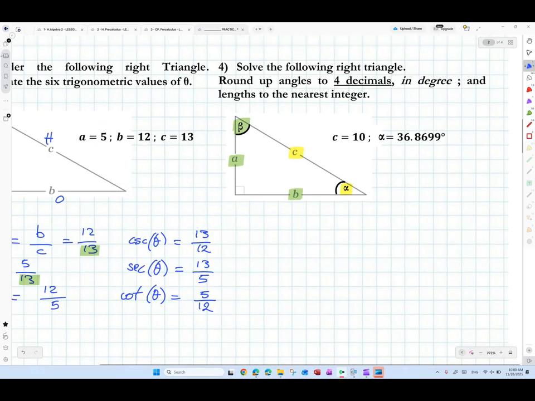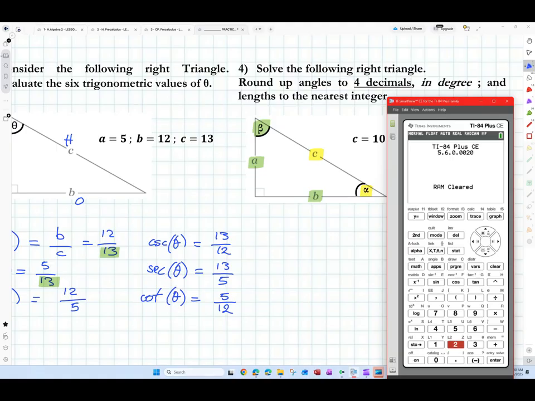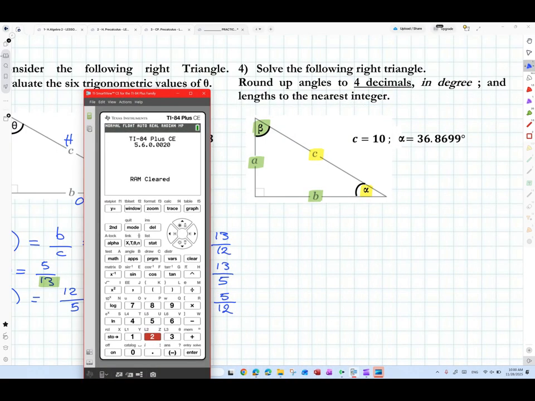So here, which won't be the case during the test, but we're going to take advantage of that here, I have to use the calculator. And because I am given an angle in degrees, I'm going to make sure that my mode, when it comes to angles, is set in degrees. Here we go.